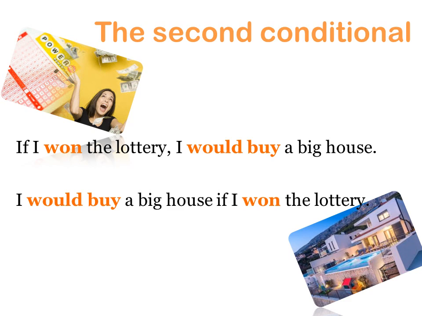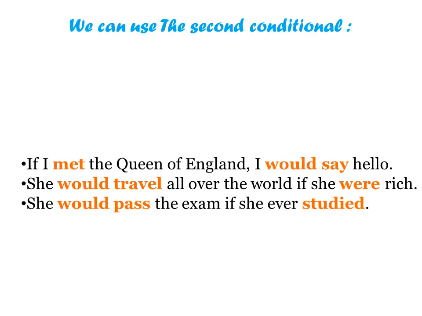Now please look at the highlights in these examples. If I meet the Queen of England, I would say hello. She would travel all over the world if she were rich. She would pass the exam if she ever studied.